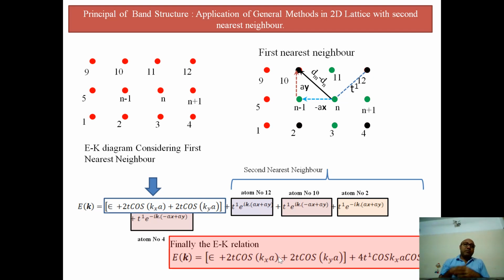Till now I am considering a single atom, single basis function. I have not considered s, p, d orbitals or all these things. How to do it we'll see later on, and then I think it is much easier. That I am going to discuss next day.